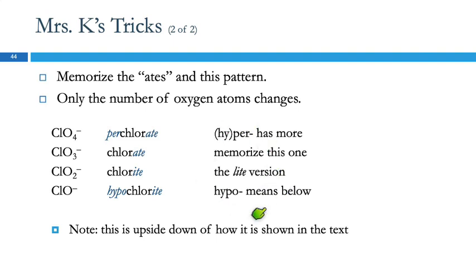And so this pattern should not be too hard to remember. You remember the pattern, and you memorize this one, and you can write the formulas and names for 12 oxyanions. All the chlorine ones, all the bromine ones, all the iodine ones. Okay?